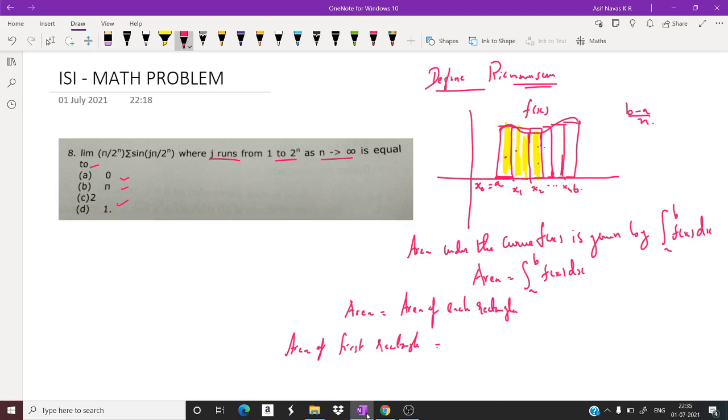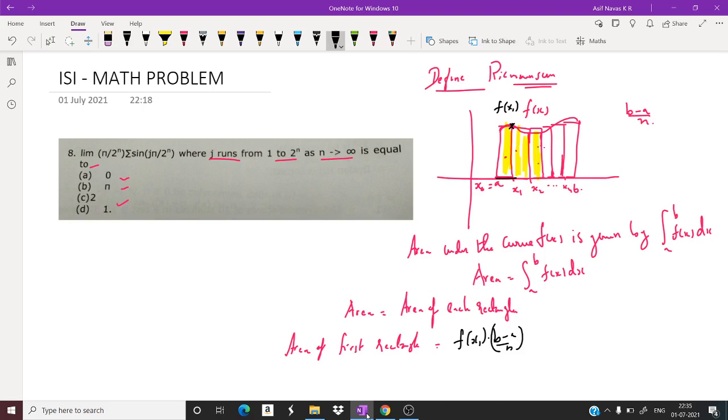And height: in order to approximate the height, I'm taking this first endpoint. So this height of the rectangle is f of x1. So the area of first rectangle is f of x1 into this length, b minus a by n.